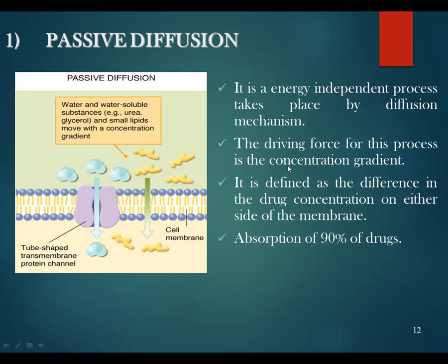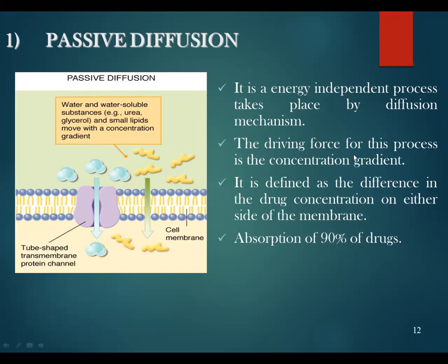It is the difference between the concentration of the drug molecule across the membrane, that is the concentration in the GI fluid and the concentration in the cytoplasm. The driving force is always from the higher to the lower side. So the greater the concentration gradient, that means the greater the difference in concentration between these regions, the faster the absorption will be.